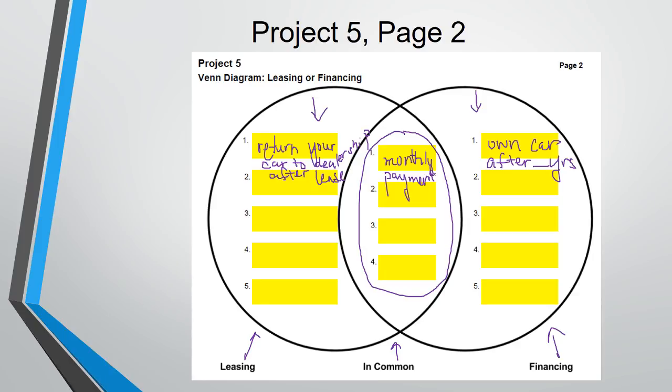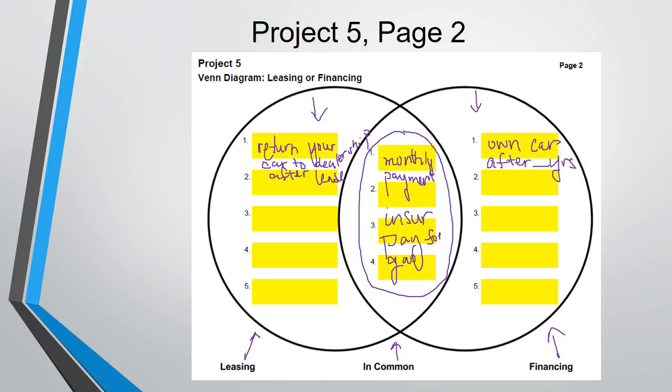No matter what, leasing or financing, you have to have insurance. You have to pay for gas, etc. So remember, you have to fill out 10 boxes. Doesn't matter which order. I gave you 14 in total, but you can choose your 10 from anywhere.